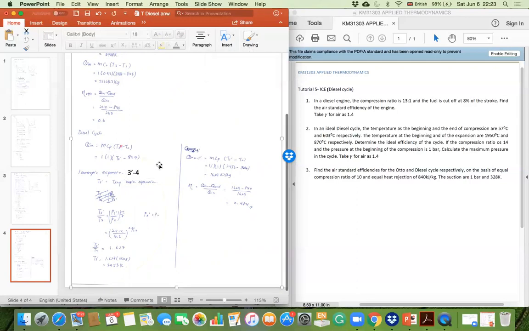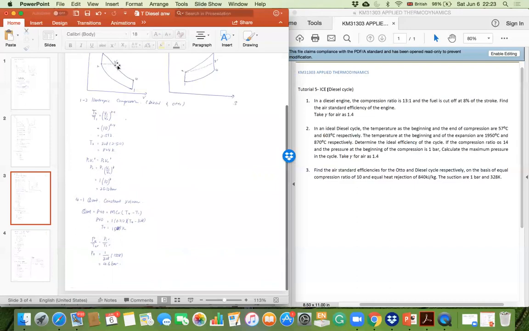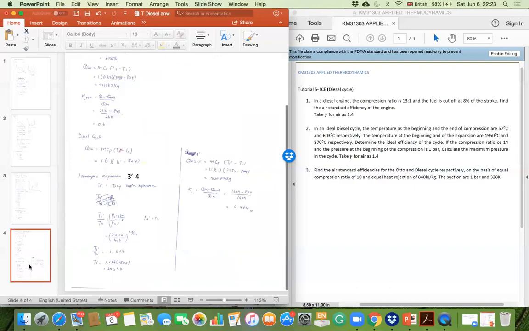Okay, so we use this equation and plug it in. We have P3 dot, because P3 dot equals P2, so we can put it in here and then we have T4.